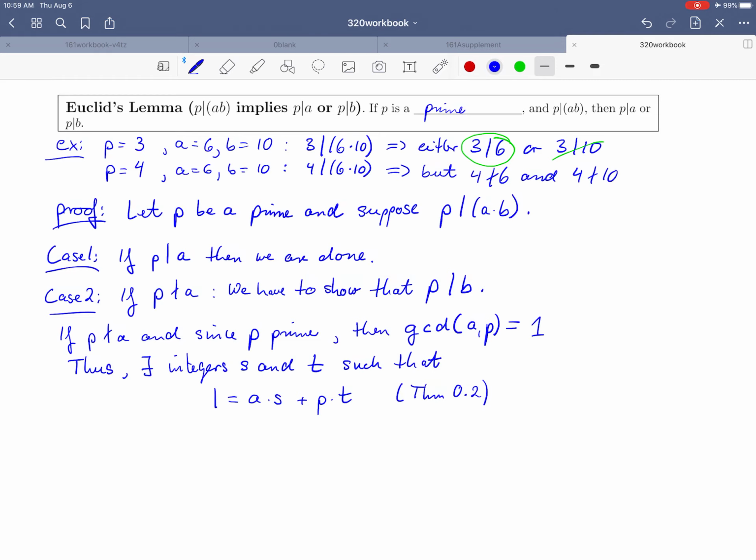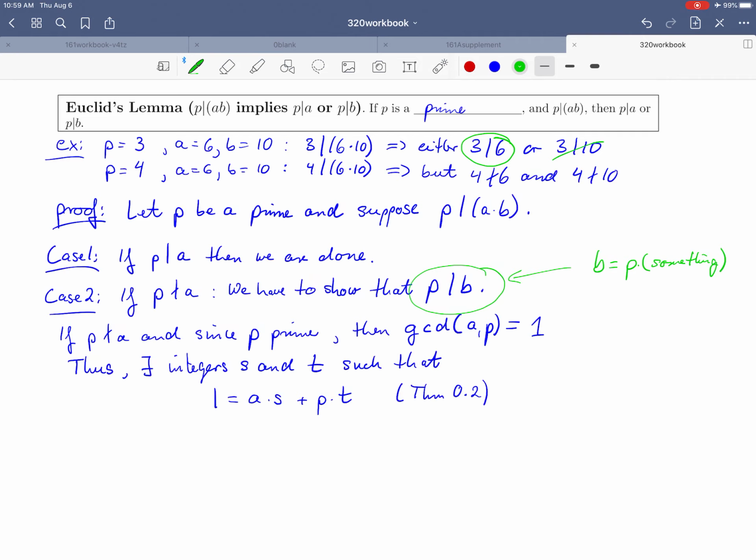And how is this helpful? We need to show that p divides b. This is where we are going. And if you remember from earlier, what does it mean that p divides b? It means that we can write b as p times something. And that's where we are headed.